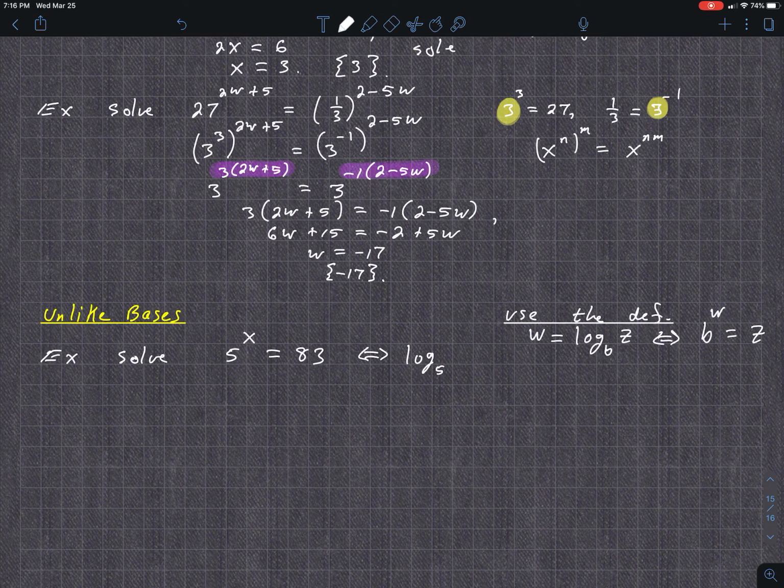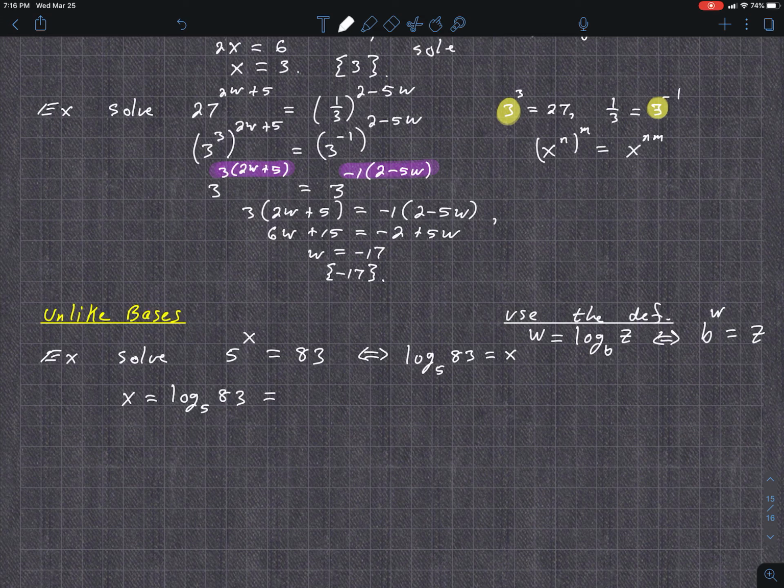So you say log base 5 of 83 is equal to the exponent. And then we can simplify that and get an approximation. So we can say x is equal to log base 5 of 83.